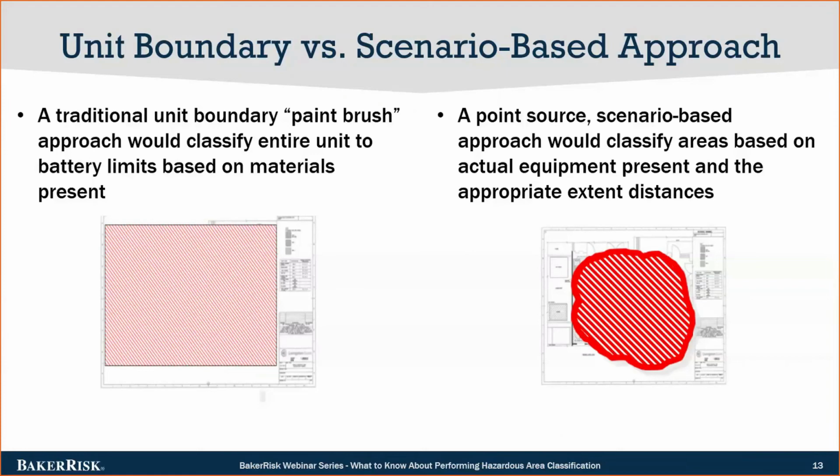So what we'll be talking about in this presentation is a different approach. It's a point source scenario-based approach where we classify the process areas based on the actual equipment that's present and the appropriate extent and distances based on the hazards and materials present. So each individual piece of equipment will have its own contour, which we can then integrate to create a holistic overall classification contour.